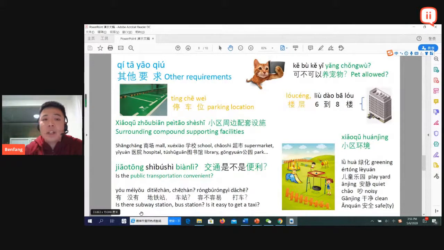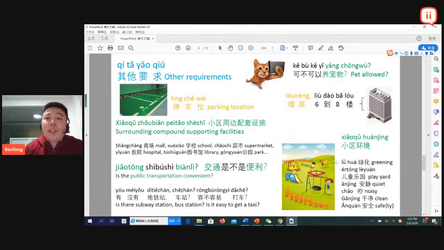容不容易, easy or not easy. 附近容不容易打车? Is it easy to get a taxi or not? We also need to take a look at the environment of the compound. 小区的环境怎么样? After all, 毕竟, you have to live with many people in the same 小区, compound.